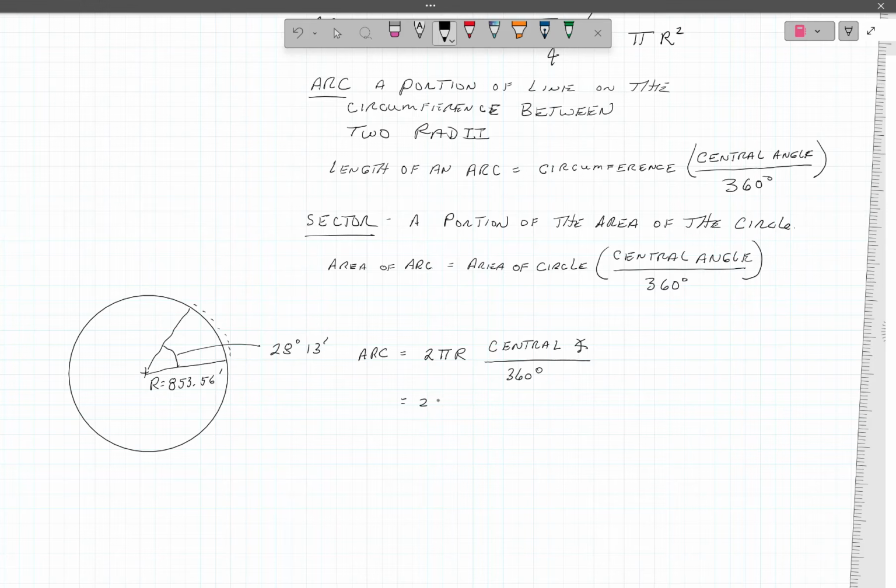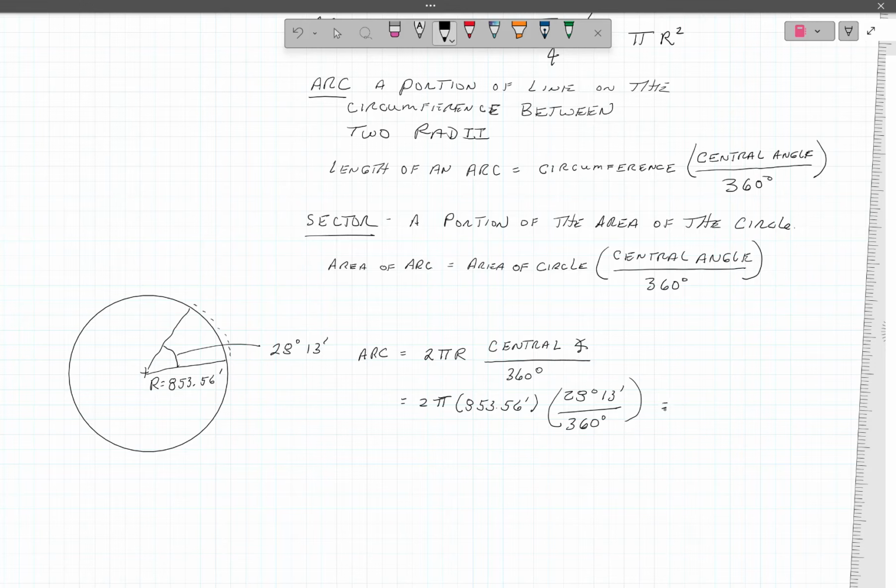So 2 pi. Oh, and I should go back and define pi for you here in a bit. I will. And our radius is 853.56 feet times our central angle, which is 28 degrees 13 minutes over 360 degrees. So there's our ratio to find out what that is.